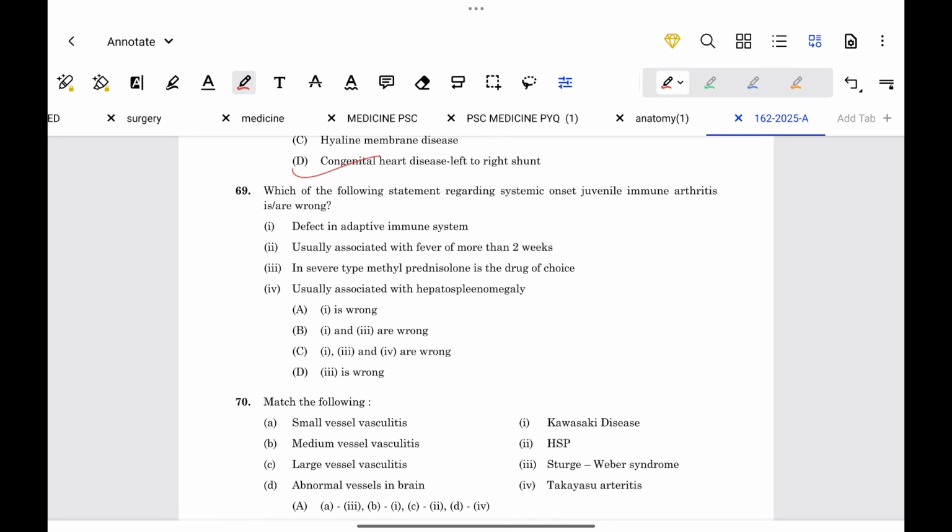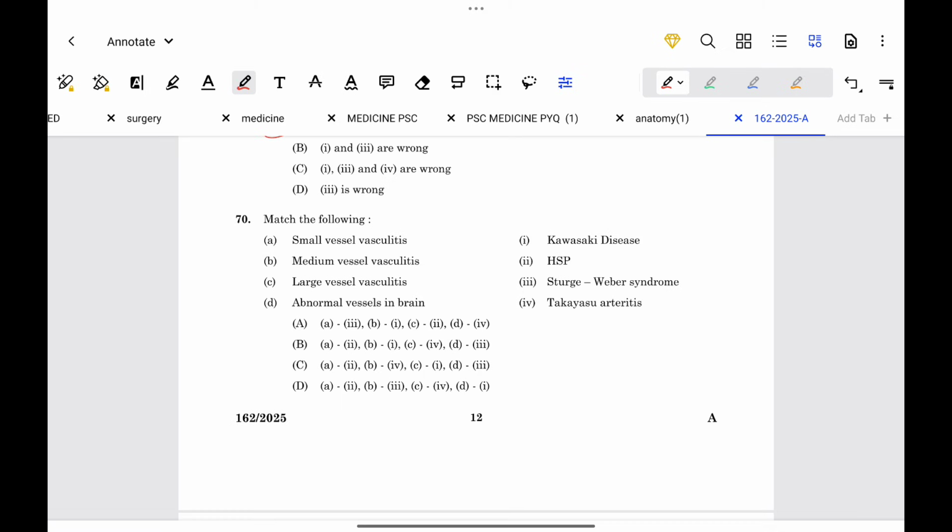Which of the following statements regarding systemic onset juvenile idiopathic arthritis is wrong? Here the first option is wrong. Okay, this is wrong. Only one is wrong.